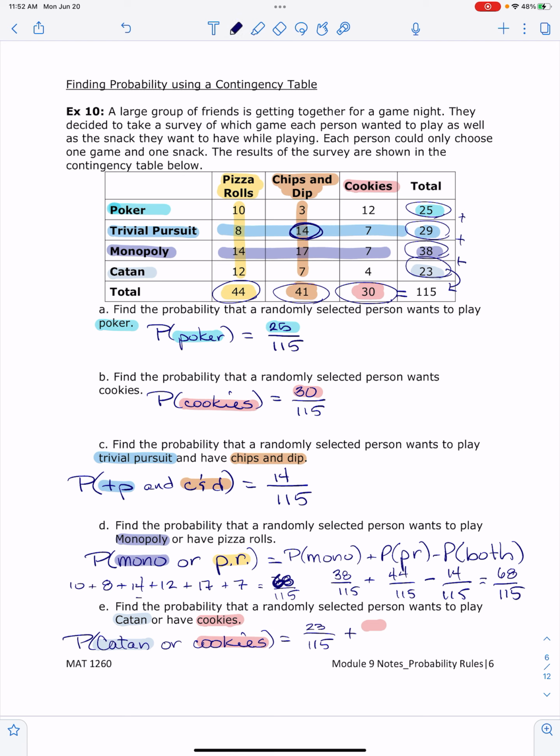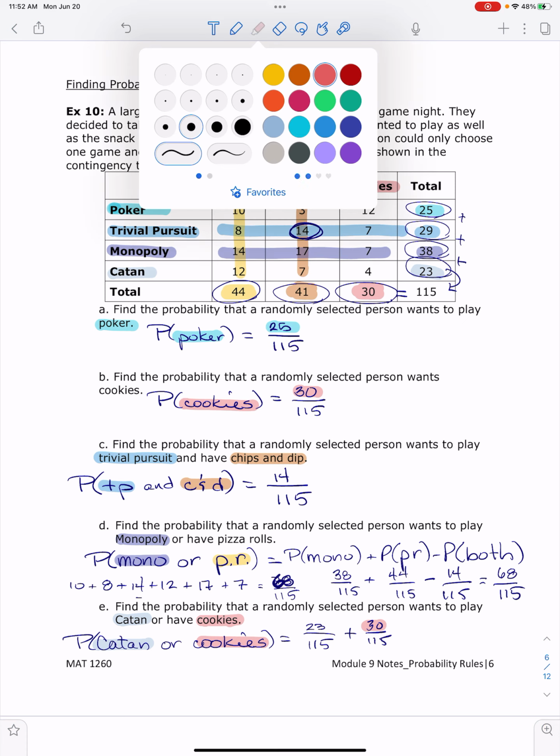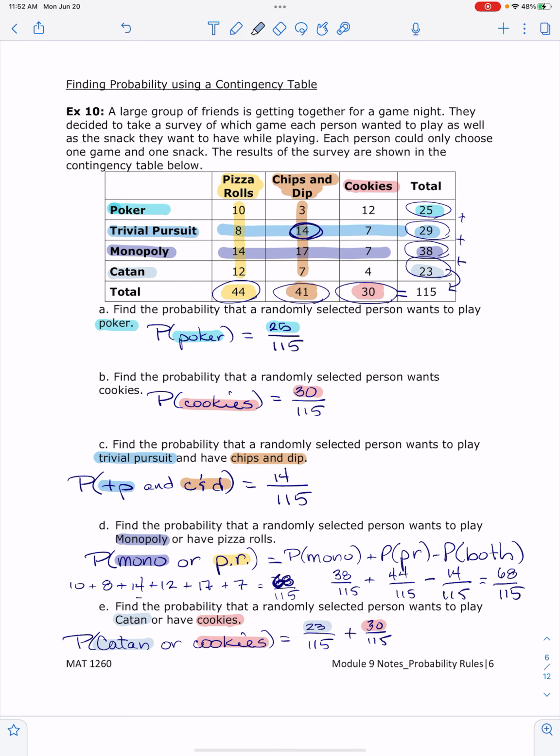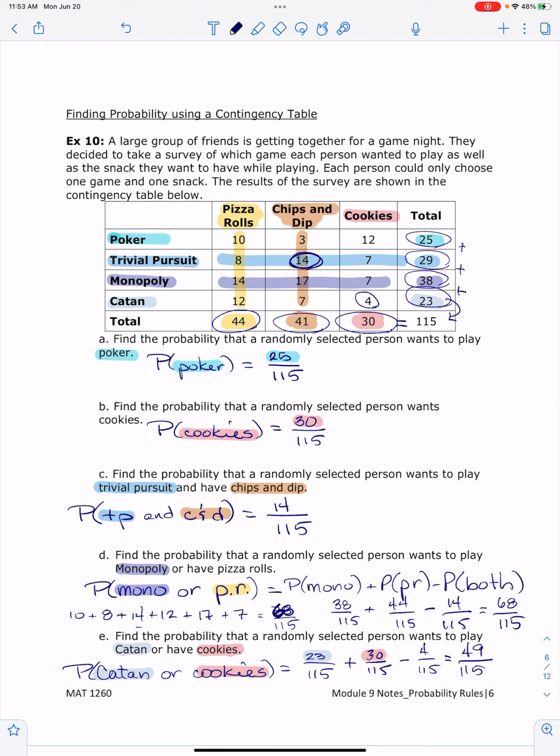We have 30 out of 115. Minus the overlap. So here's Catan and cookies. We've got an overlap of 4. So my denominator is going to be 115. I've got 23 plus 30, which is 53, minus 4. The probability that a randomly selected individual from the party wants to play Catan or have cookies is 49 over 115.